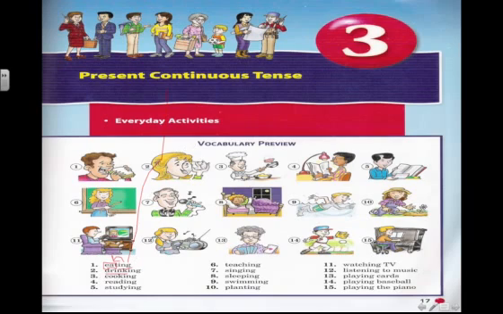Number 3, cooking. What is he doing? He is cooking. Number 5, what is she doing? She is studying. We add what? ing. Number 6, what is she doing? She is teaching. Right now she is in the class and there are students.